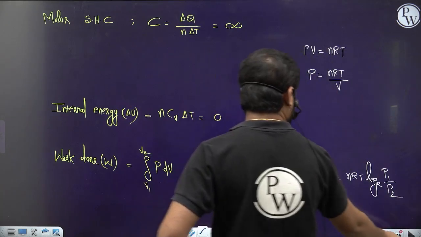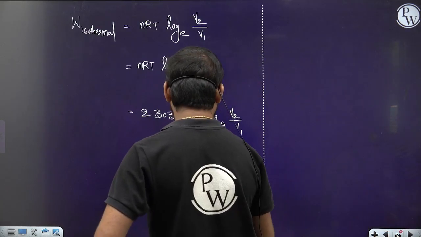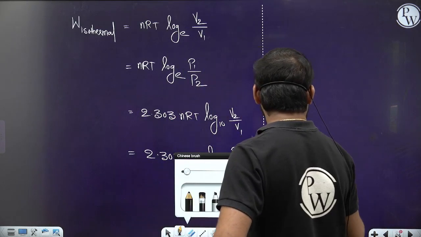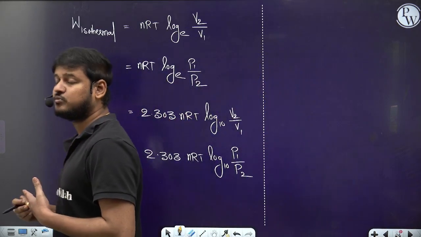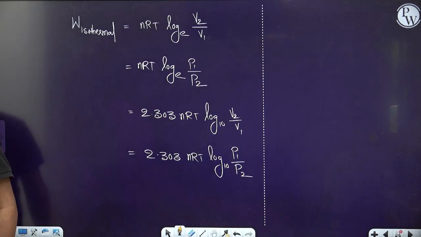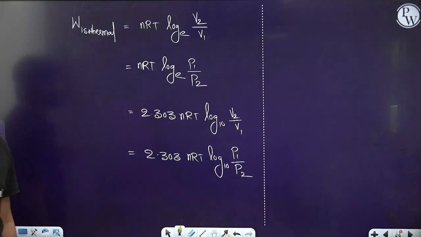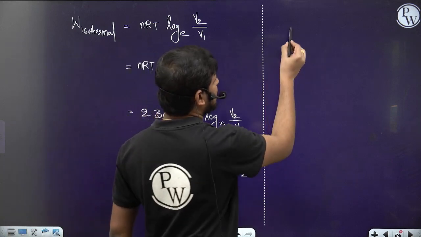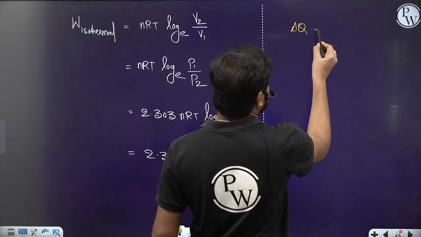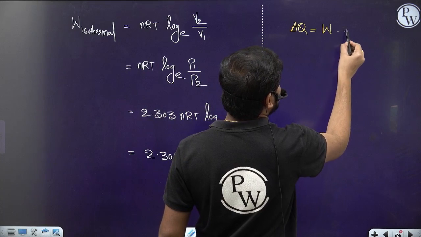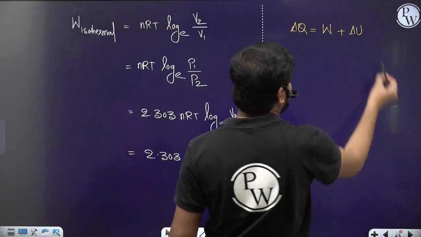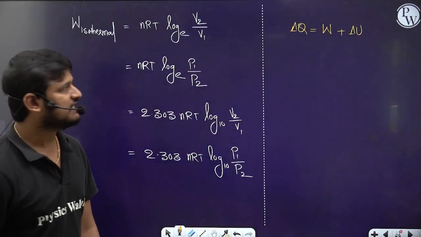Done. So now let's come to the heat part. Now apply the first law of thermodynamics to find out the heat. The delta Q is equal to W plus delta U. Chalo.